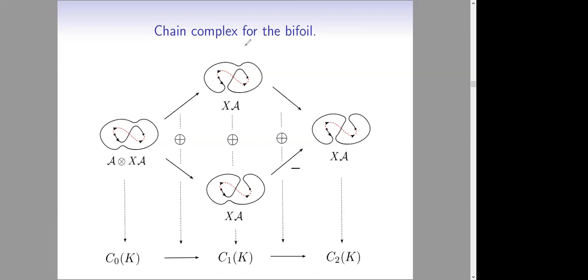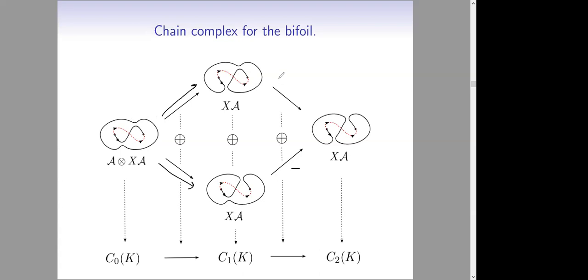So let's look at what's happening. For example, when you go from here to here, the difference is that this crossing is changed. What happened is that the segment component merged with a closed component. So in the end, we end up with just a single segment component. And the same is true here. The segment component merges with a closed component.